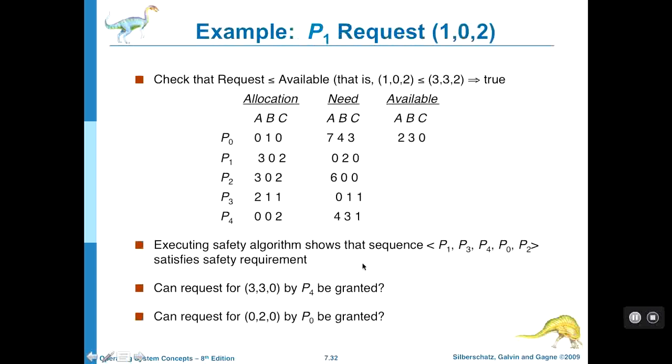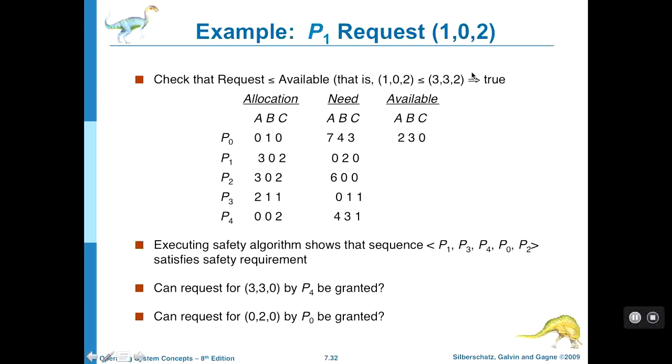Okay, so now we have the system and we know the system's in a safe state, and now we would like to grant the request to P1, process 1, of 1 A and 2 Bs. Let's see. So we've got allocation and need, and we know, what do we know here? So we have to check, one, that the request can be granted because of what's available.